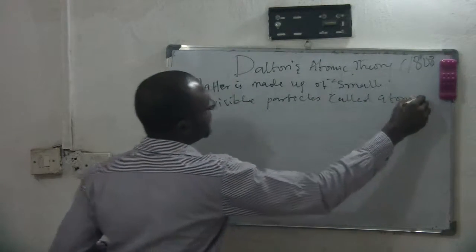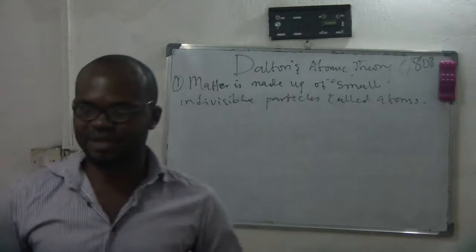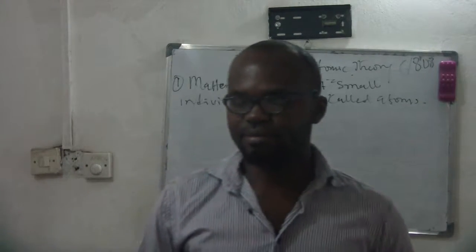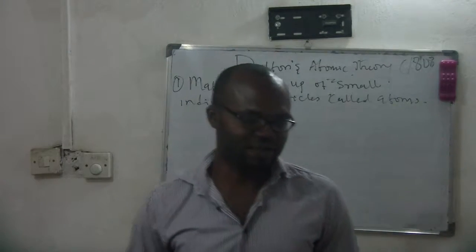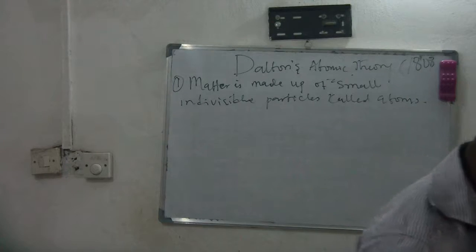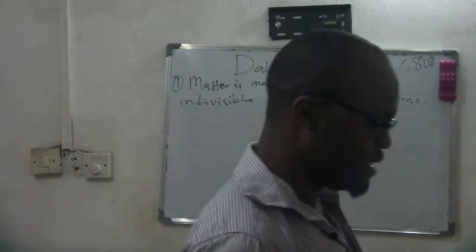Atoms. So the first statement of Dalton's atomic theory is that matter is made up of small indivisible particles known as what? Atom. Is that clear? That's the first thing he said.